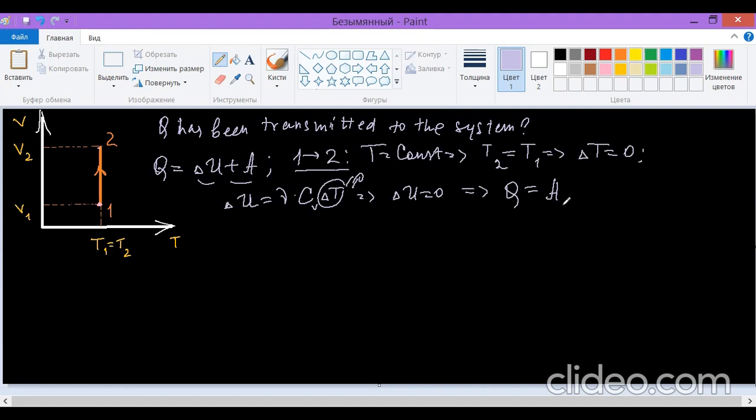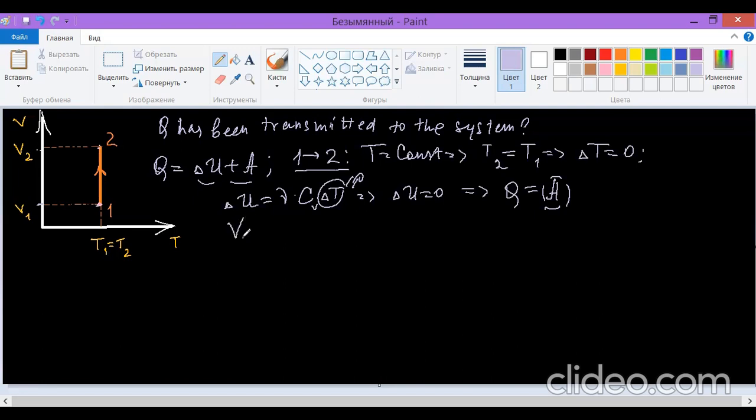In other words, we should work with this moment. What should we know about A? When the system increases its volume, it does expansion work. Now let's take a look at the diagram. We see that V1 is the volume at the initial point, and V2 is the volume at the final state of the process 1 to 2.